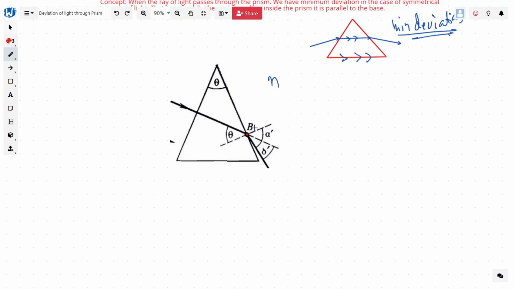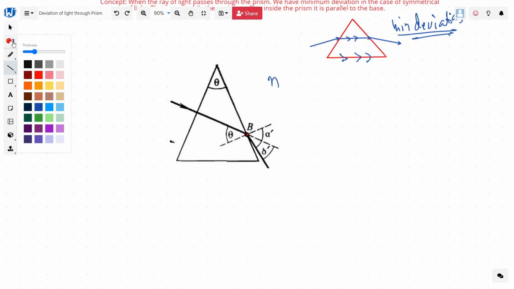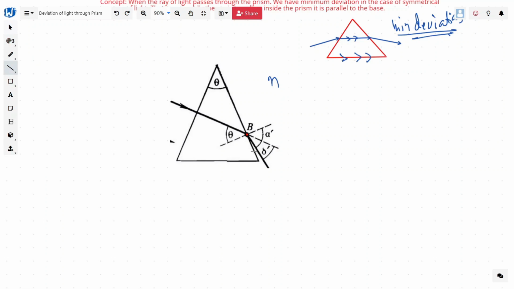Whenever there's an interface, first let's draw our normal. In this case, our normal is perpendicular to the interface, which is this one. Now this one is our angle of incidence, and I will just write that down.